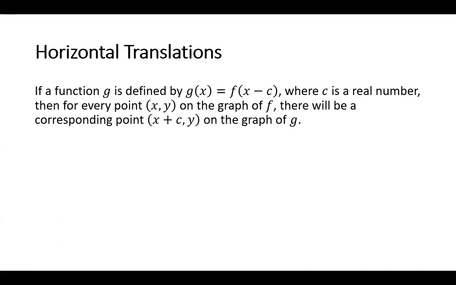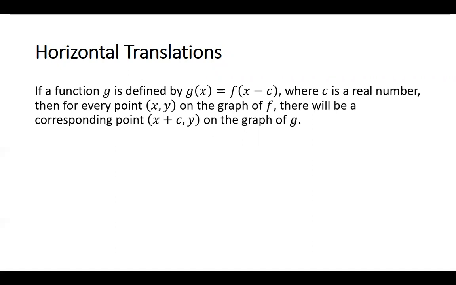And what that's doing is moving the graph to the right or to the left by that amount. With f of x minus c, the graph is going to move to the right if c is positive, and to the left if c is negative. Now I point this out because another way to look at it is that the graph of f of x will move right or left in the opposite direction of the sign.